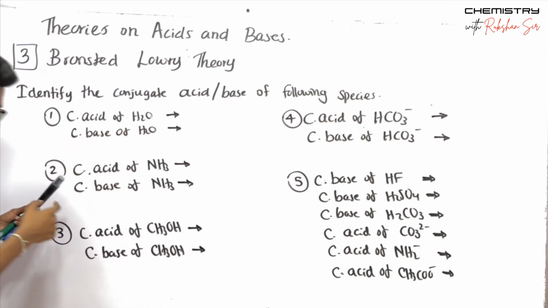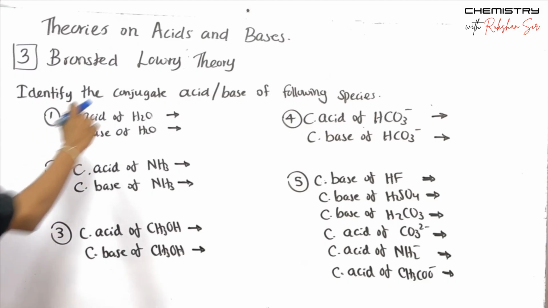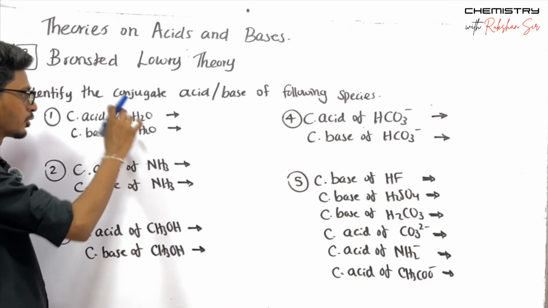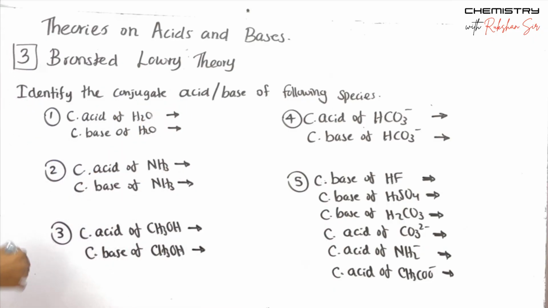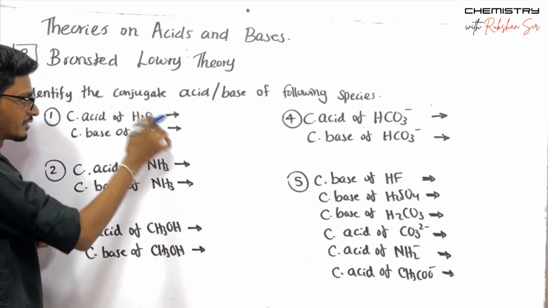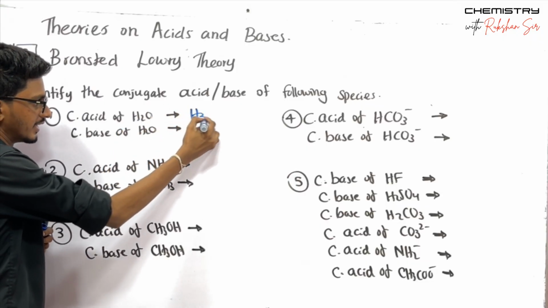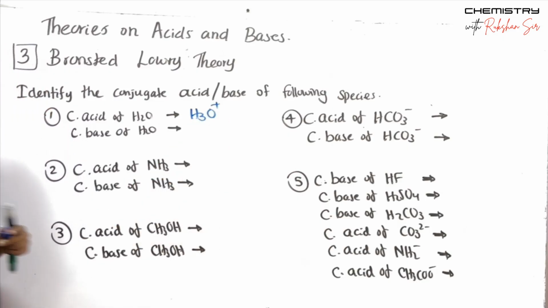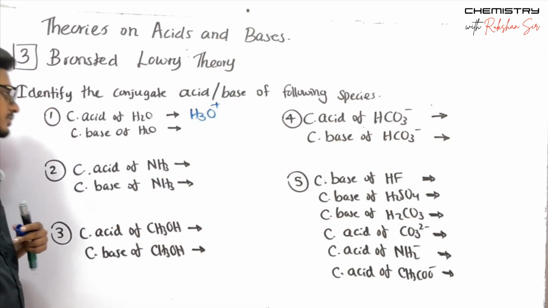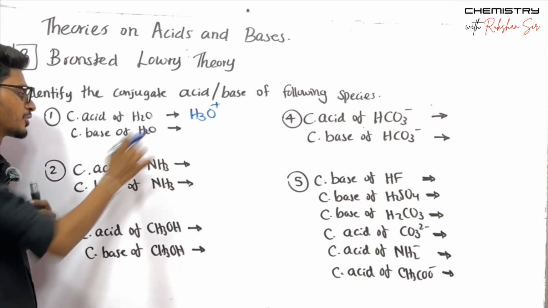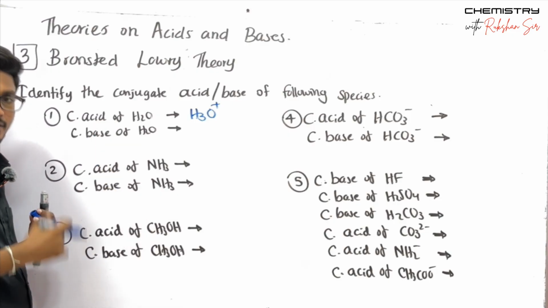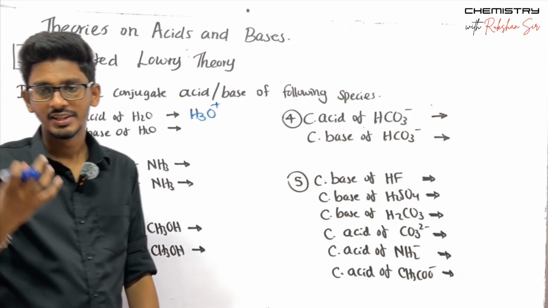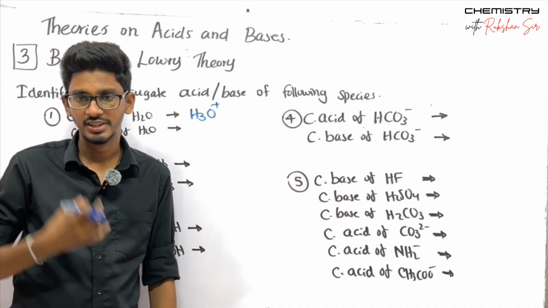Conjugate acid of H2O. So we are supposed to write the acid, the species with more H pluses. Acids mean more H pluses. So just add an H plus to this one and write it. That is H3O plus. Conjugate base of H2O. So we are supposed to come up with the base, that means the species with fewer H pluses.